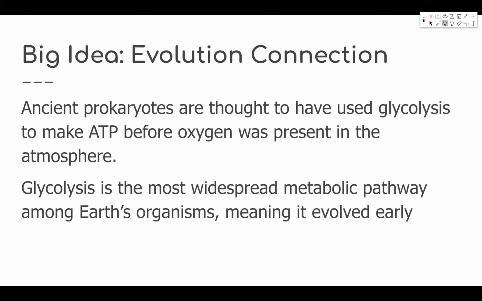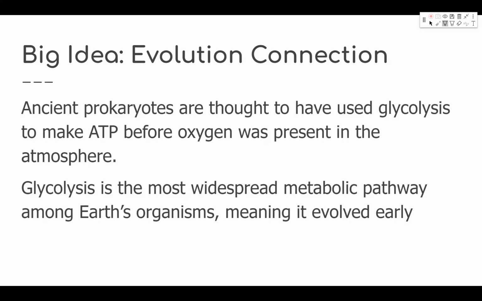We think this because glycolysis is the most widespread metabolic pathway on Earth. Most organisms do glycolysis. So we think this means that it evolved early, that this process showed up in an ancestor toward the beginning, and that process was efficient enough that it just kind of persisted.